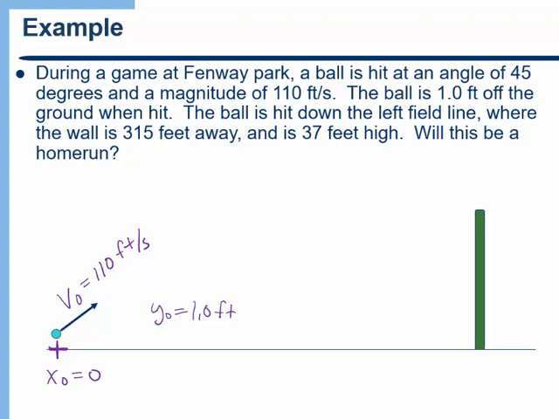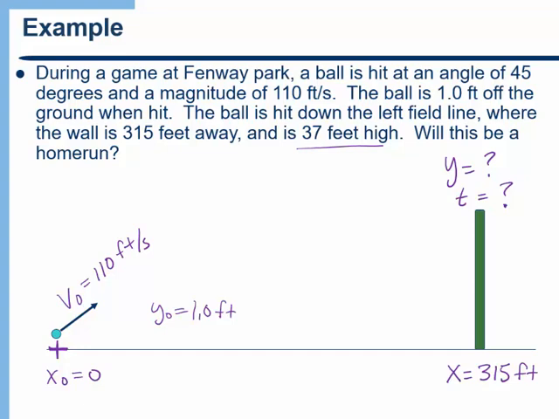The wall is 315 feet away, so really what we're trying to do with this question is say, when the baseball has traveled a horizontal distance of 315 feet, what is the height? And if the height is greater than 37 feet, it's a home run, and if it's less than 37 feet, it's not. Notice that we don't know how much time it takes the ball to get there.